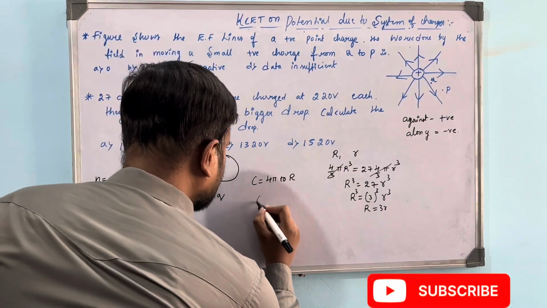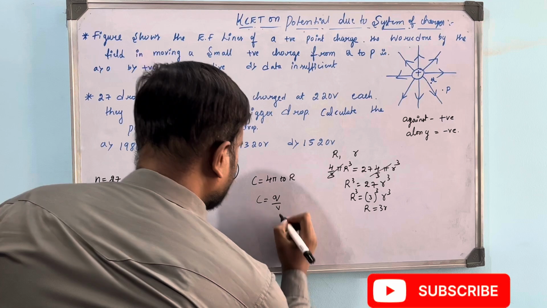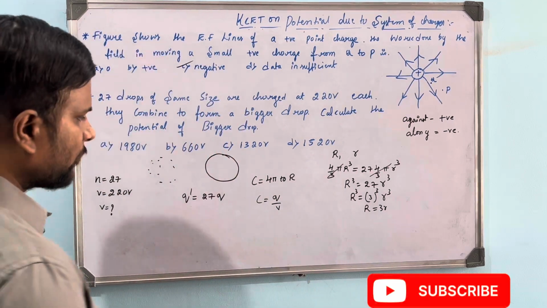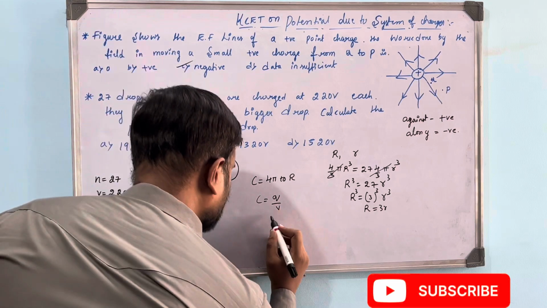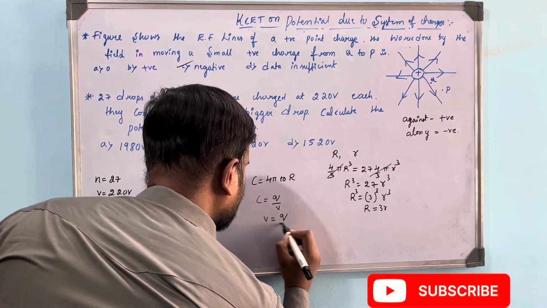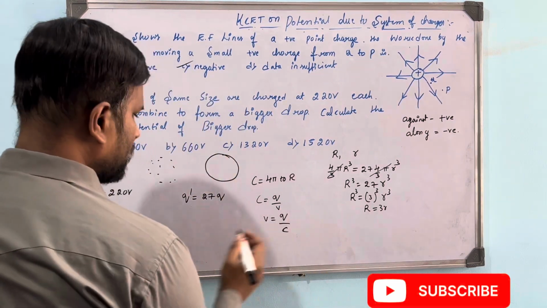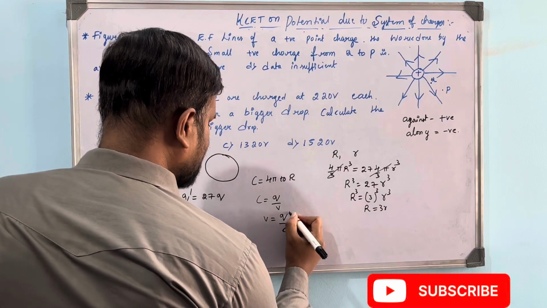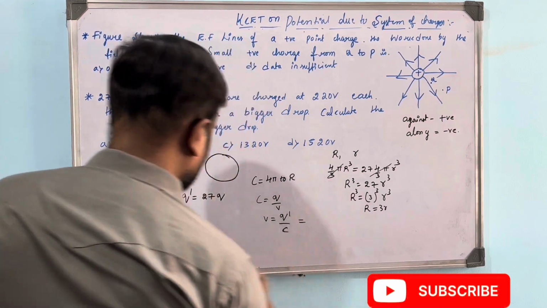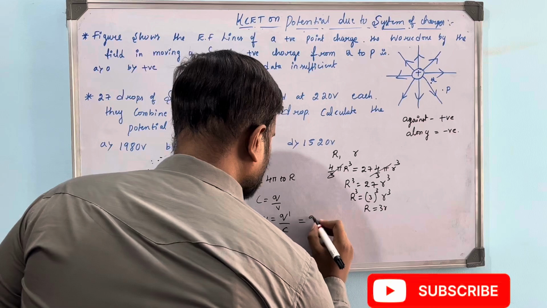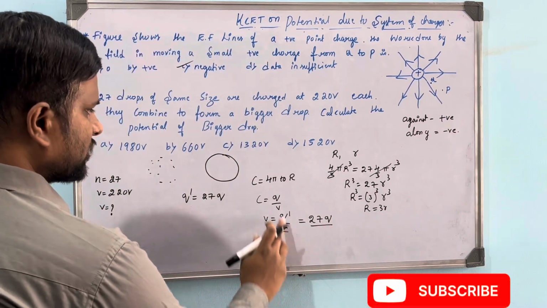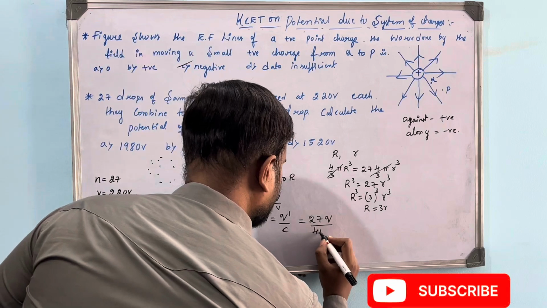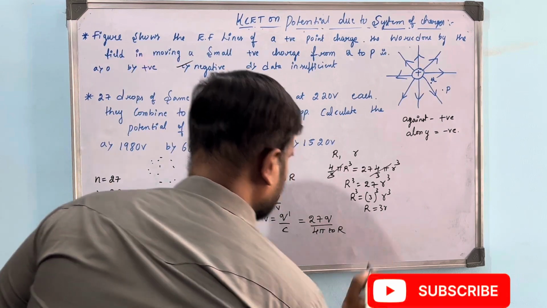We know the capacitance formula C is equal to Q by V. Here we need to calculate V, so V becomes Q divided by C. Here Q we have taken as Q dash, and Q dash is 27 times Q, divided by C, which is 4 pi epsilon naught R.